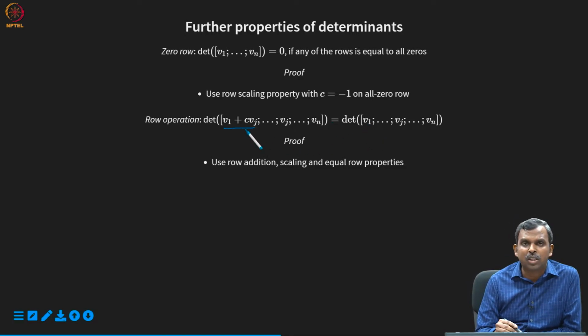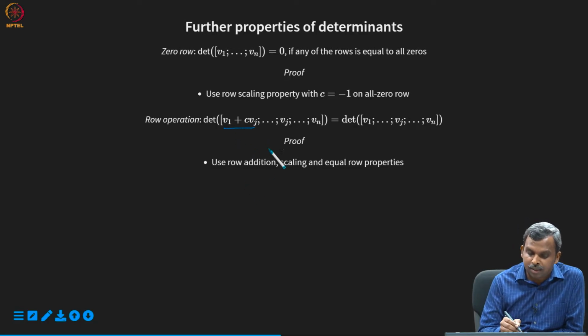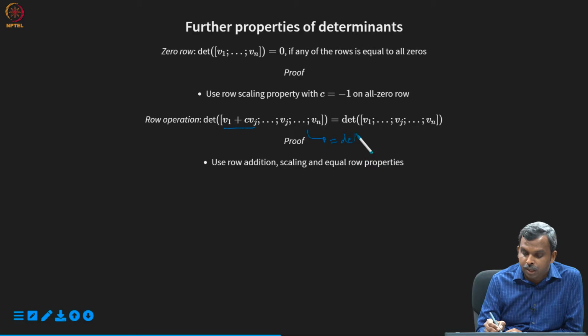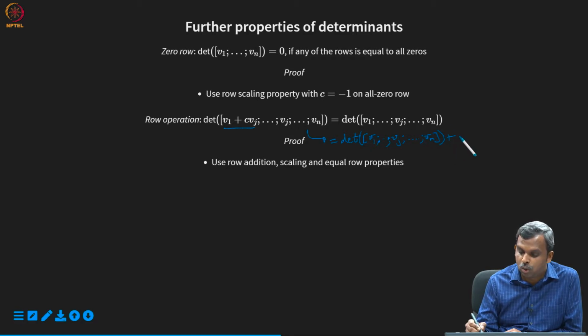Again, it's just a sequence of properties, right? So how do you prove this? This is the same as the determinant of v1, vj, ..., vn, using first the addition property, plus the row linearity property and the scaling.